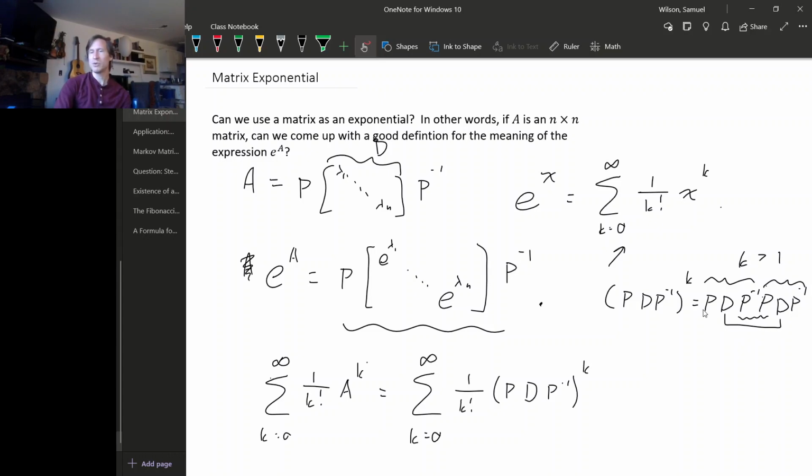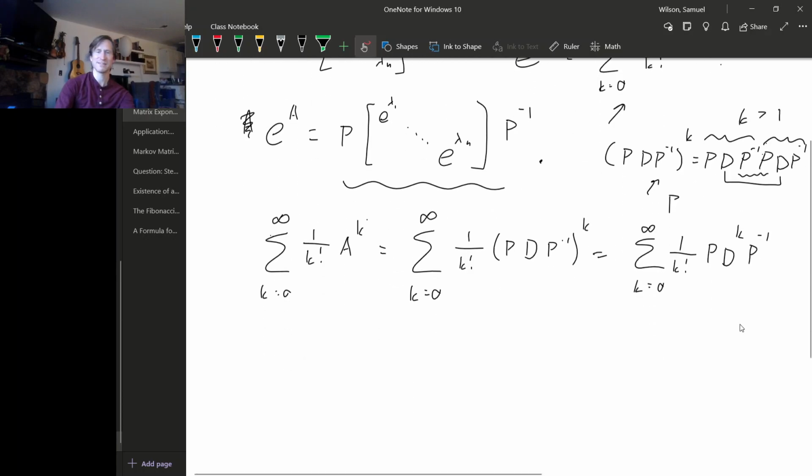So whenever we multiply a product like this, the P inverses and the P's in the middle all cancel, and what we get is 1 over k factorial times P times D to the k times P inverse, because all the interior P's and P inverses cancel in pairs.